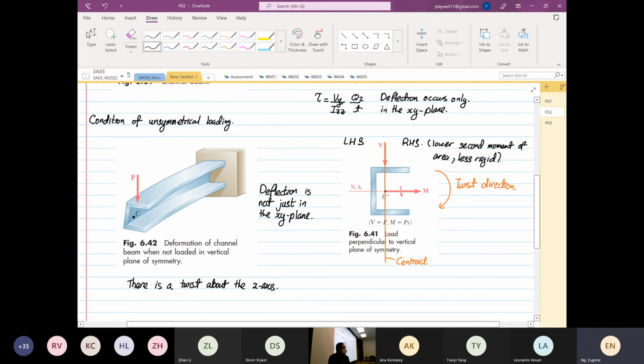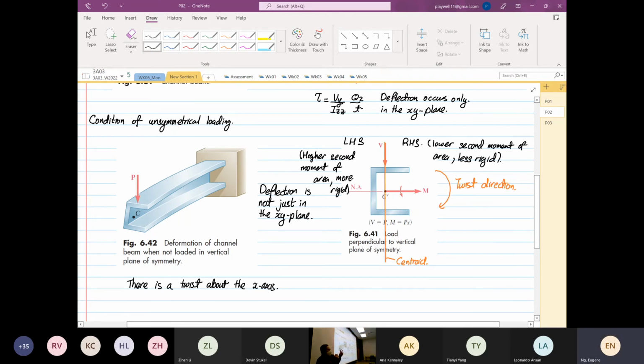Less rigid. Less rigid, meaning that you need less force to induce what? Deformation. Over here, the left-hand side has a higher second moment of area, right? So it's going to be more what? Rigid.